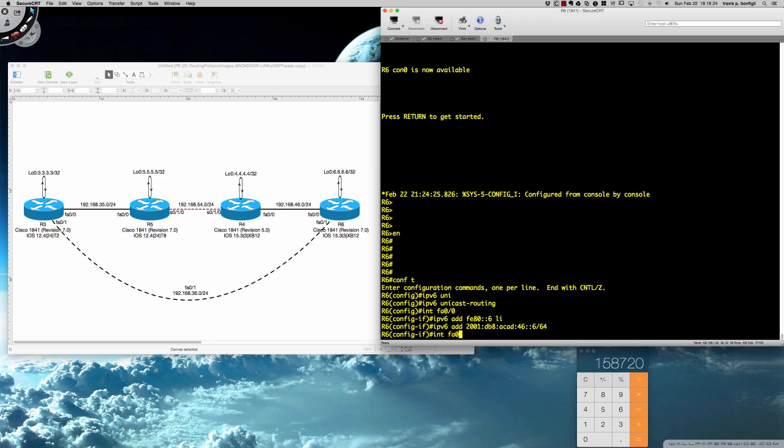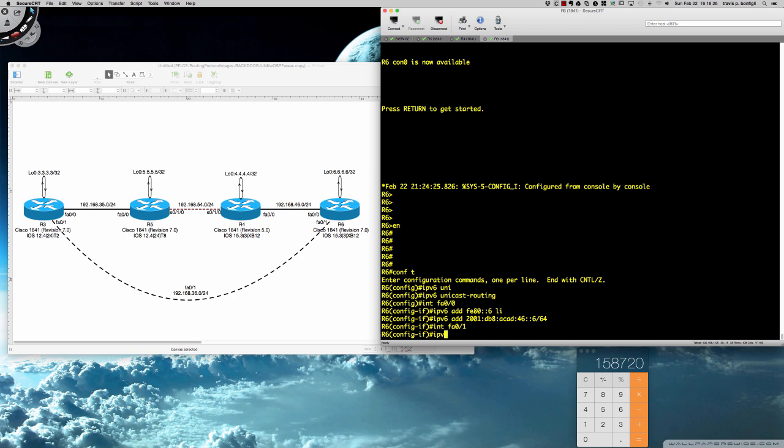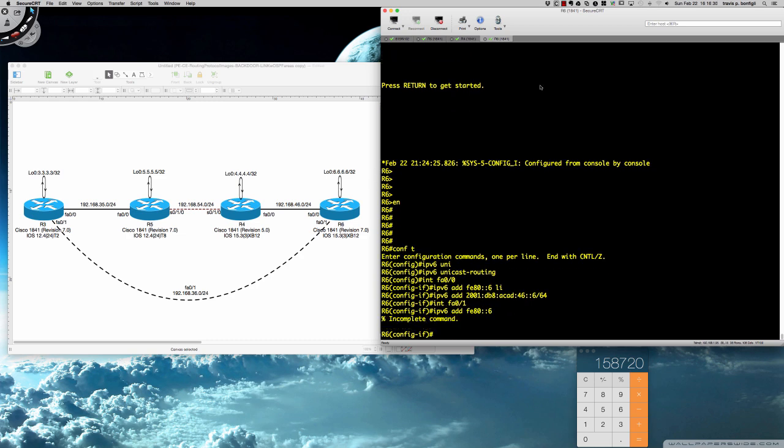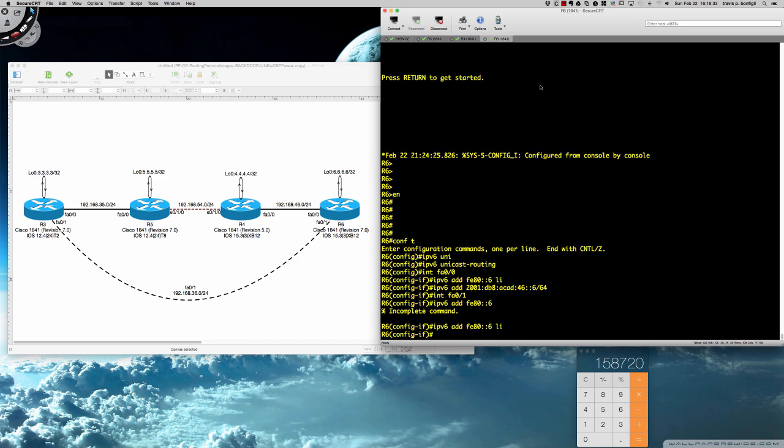And then last but not least, FA01, IPv6 address FE80::6 link local, and IPv6 address 2001:DB8:ACAD: and we're looking at 36 there. 36, is that right? 36.